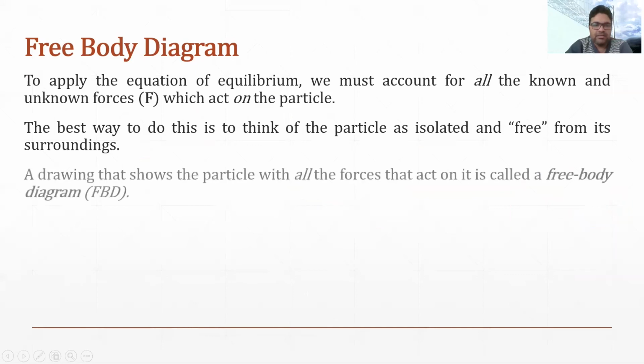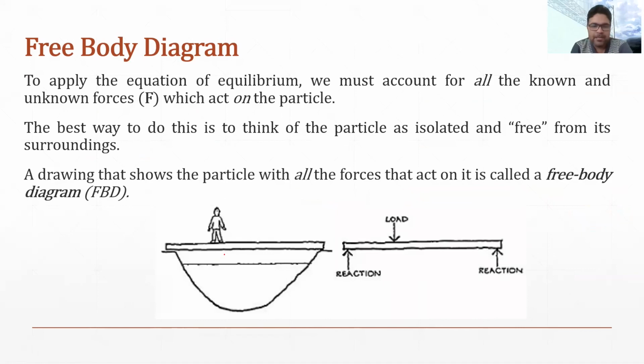I will take an example of a free body diagram using this. There you can see there is a depression, there is a water body, and on the water body there is a plank, and on the plank there is a person standing. Now if we try to express this condition as a free body diagram, we can simply show this as our mathematical model. This is the beam, and on the beam there is a person standing.